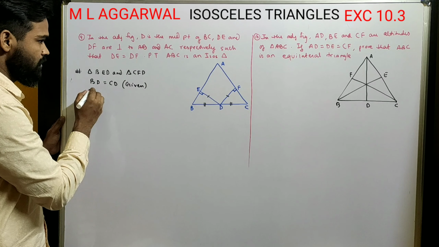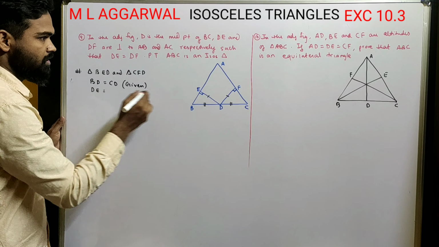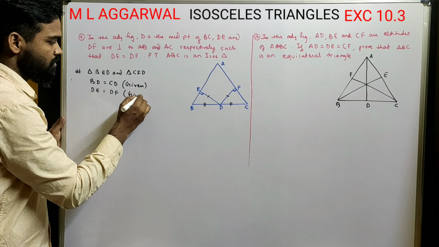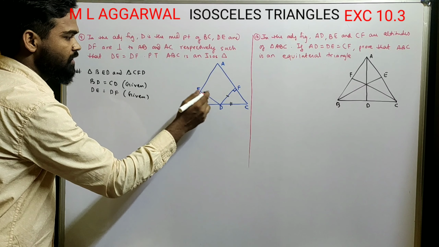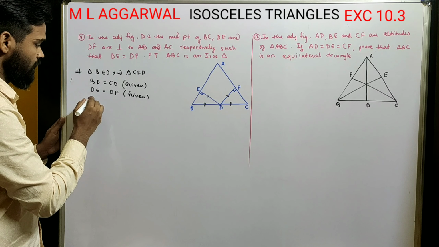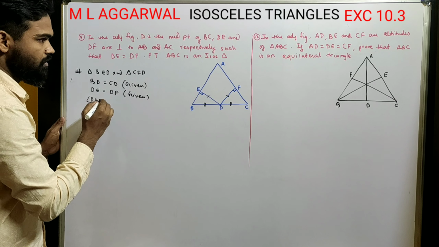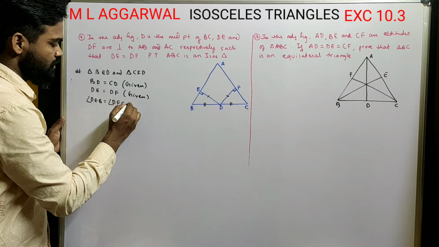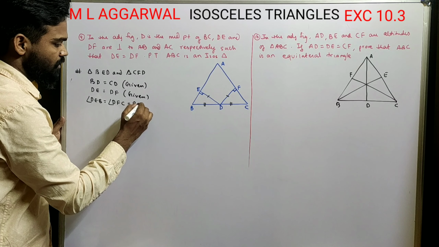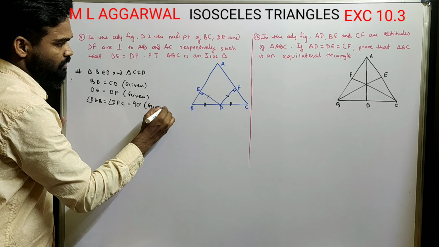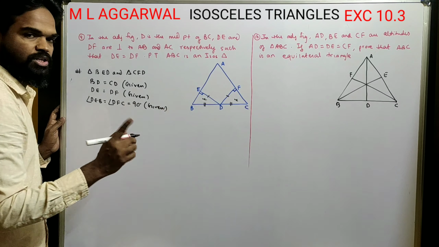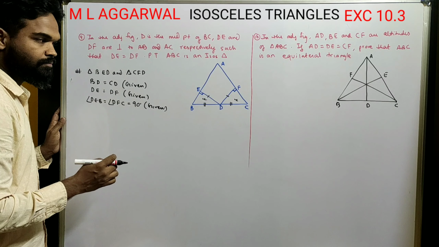Similarly, DE is equal to DF, that is also given to us. Okay, angle DEB is equal to angle DFC, which is equal to 90 degrees, which is also given to us, which means these two triangles are congruent because this becomes a hypotenuse of both the triangles.